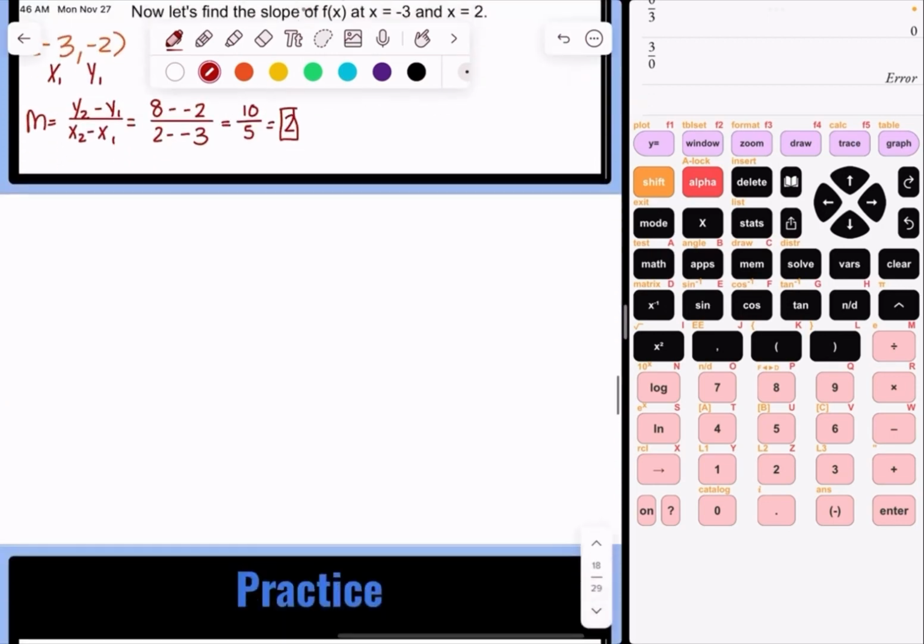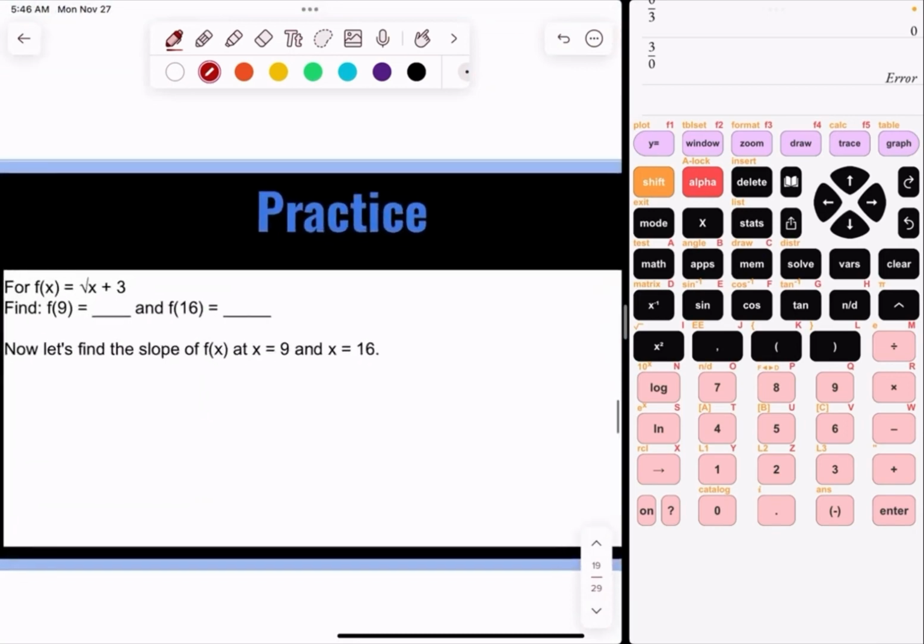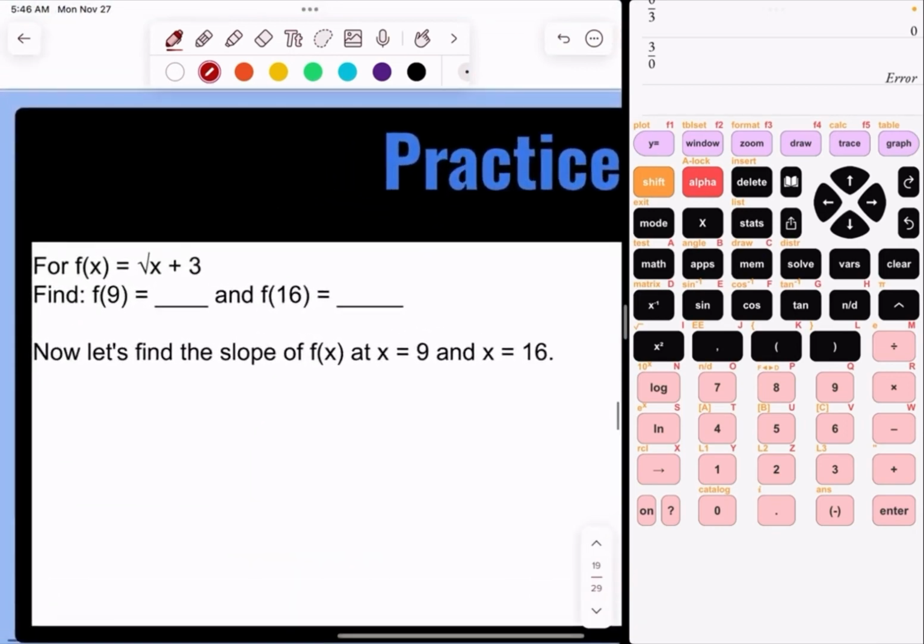Now let's try another example of this. We are given the expression the square root of x plus 3, and they want us to find f of 9 and f of 16. So to find f of 9, we would just be plugging in the square root of 9, which is 3, plus 3, and that gives us 6. Then to find f of 16, that would be the square root of 16, which is 4, plus 3, which gets us 7. Good. Now let's find the slope.